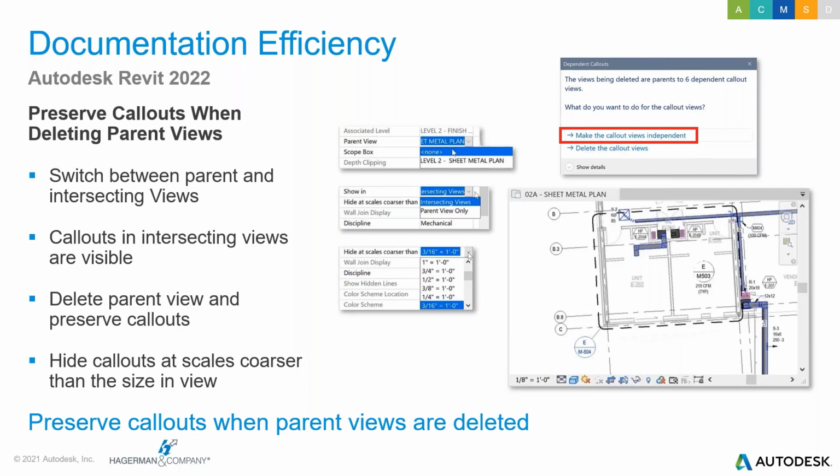Callouts without a parent view are visible in subsequent intersecting views. Dependent callout views are preserved when the parent view is deleted. You are then asked if you would like to make callout views independent or just delete the callout view. So pretty nice feature there.